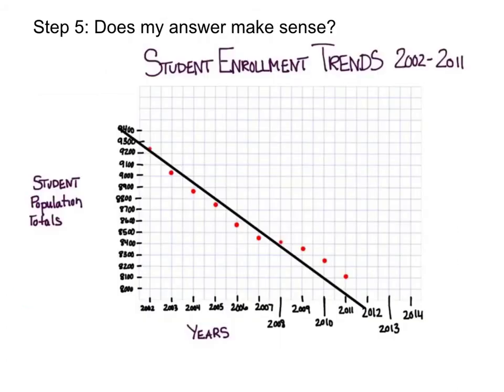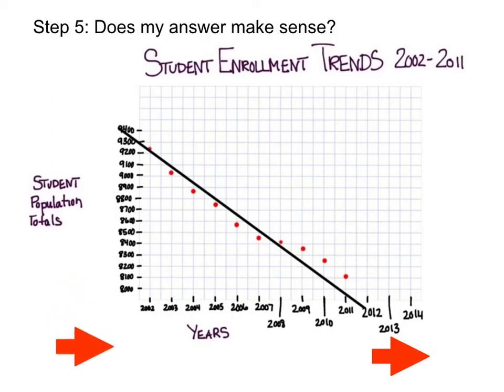I should be able to tell if my answer makes sense just by looking at the trend line. If we look at where we're starting, at about 9,236, and where my data ends, around 8,100, now if I were to continue this trend down to 2015, which would be about here, and continue along that same slope, it looks as though I would be well below 8,000.